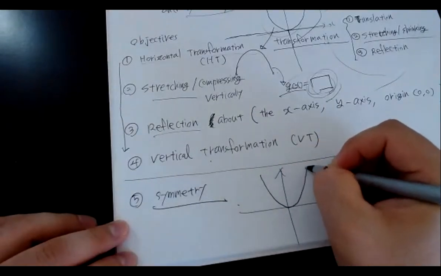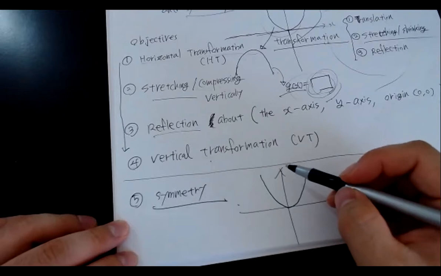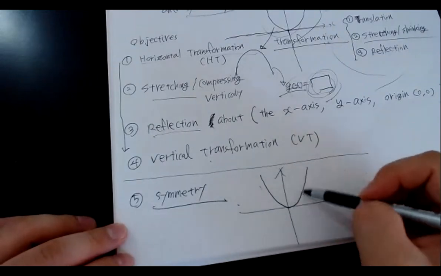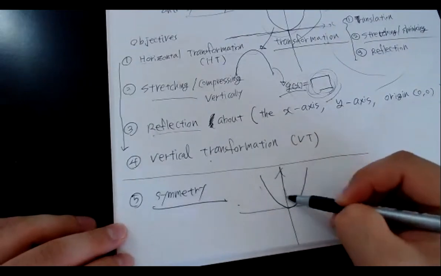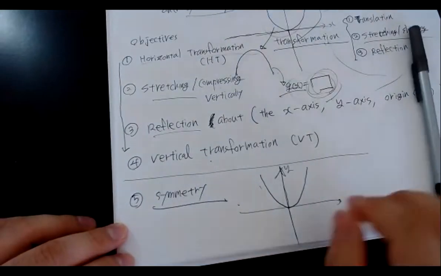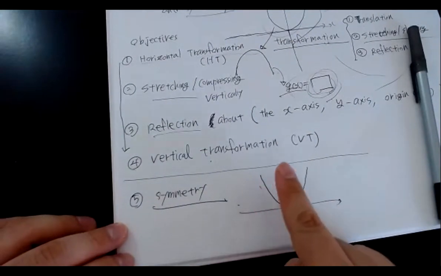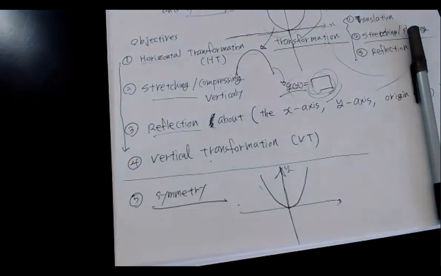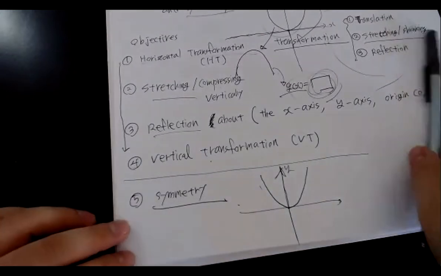Symmetry means that when you fold the graph in half by the y-axis, you fold this part to this side, and then the graphs are identical. Then we say that the function is symmetric about the y-axis.